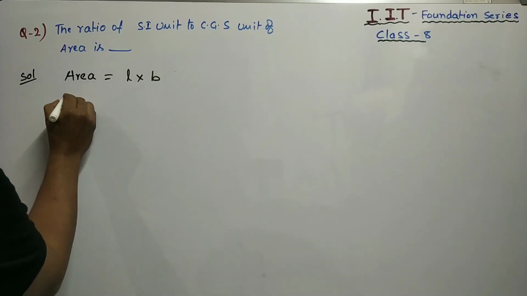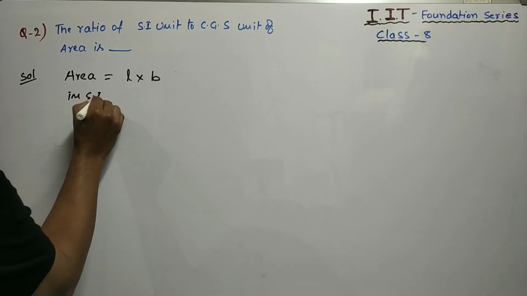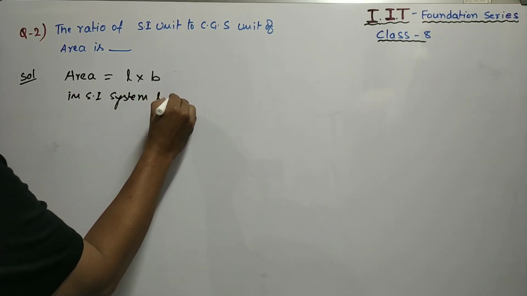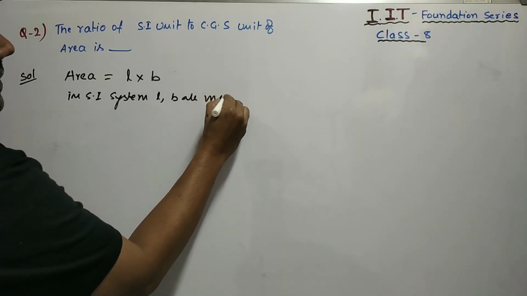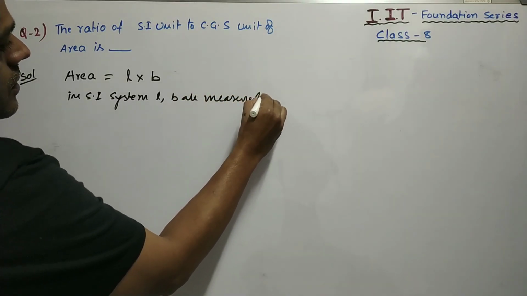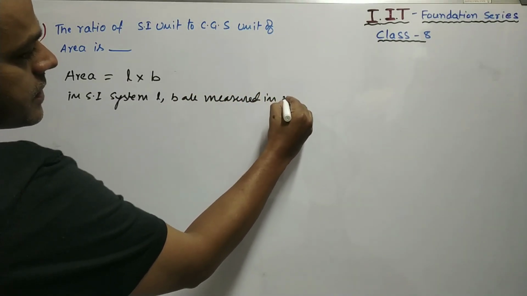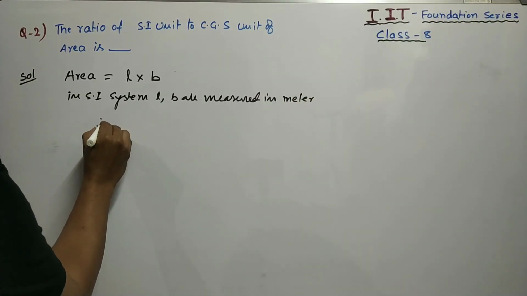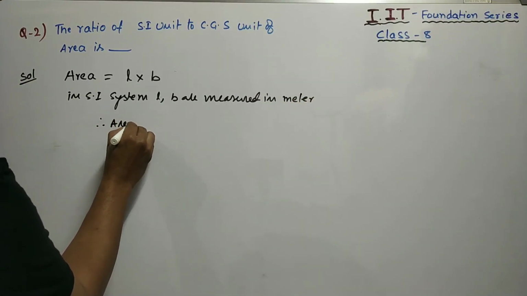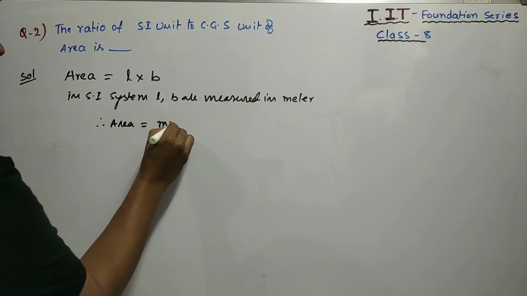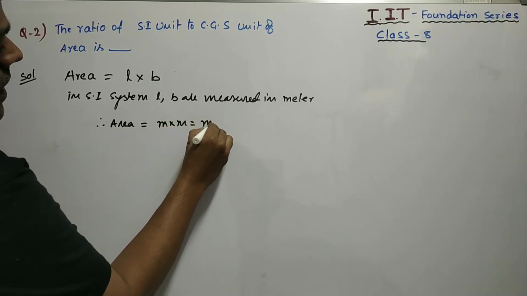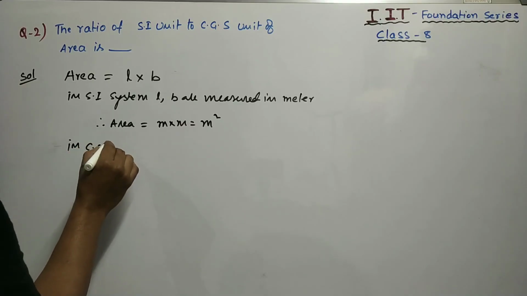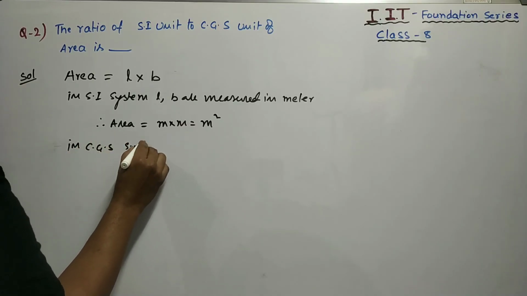So in the SI system of units, length and breadth are measured in meter. Therefore area is equal to meter into meter, that is meter square.